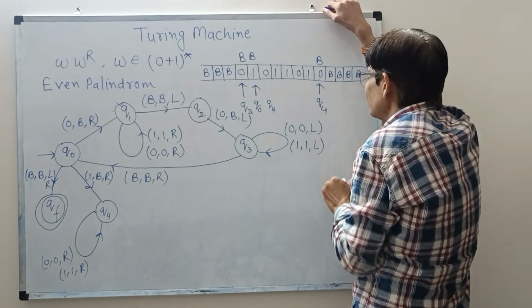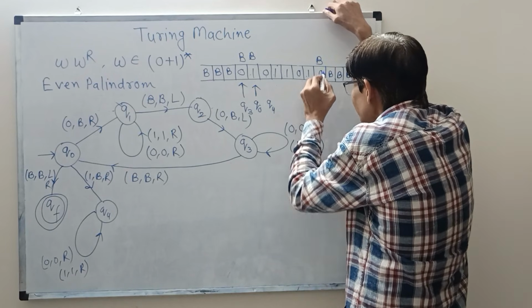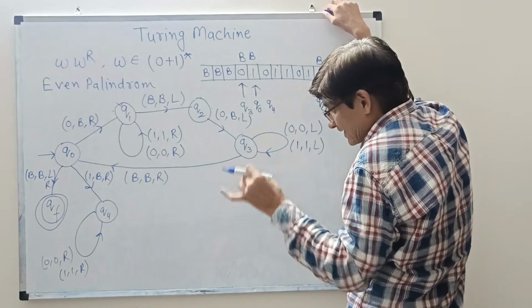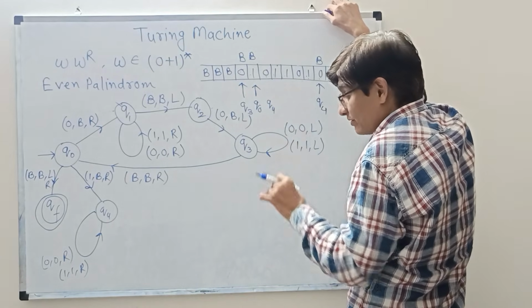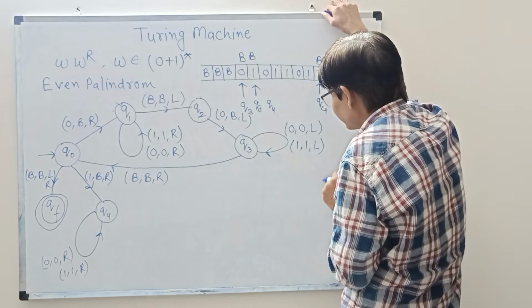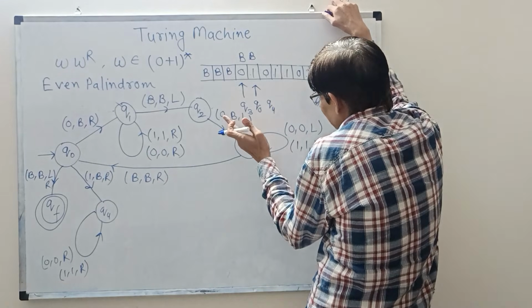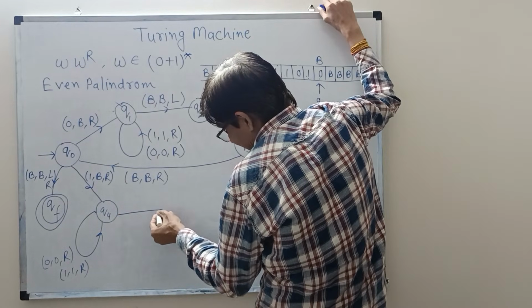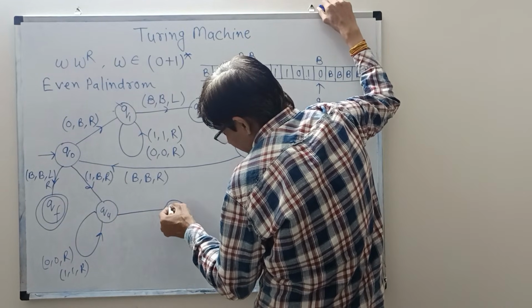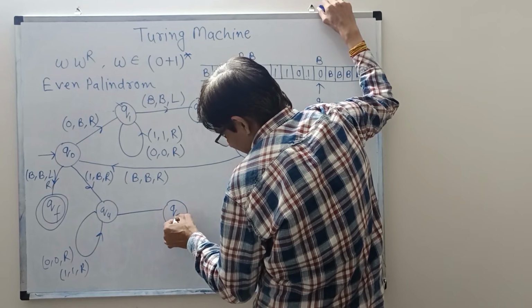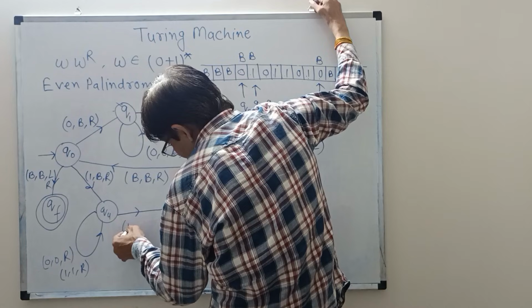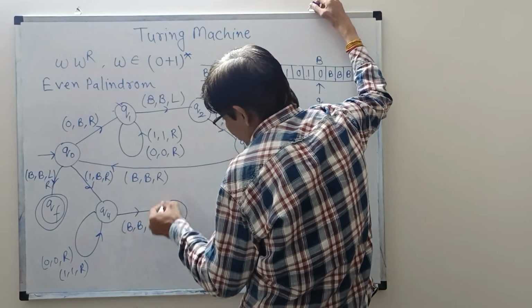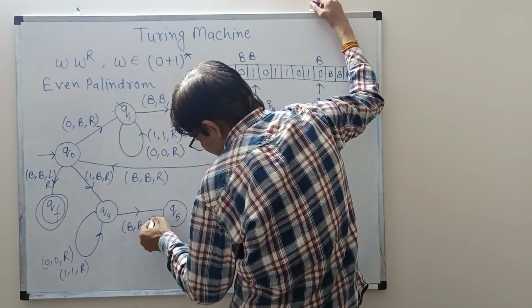So on Q4, when we are getting blank, we will leave this blank as it is, but we will change our state to a new state and we will change our direction of movement. So we will now start moving towards left. On Q4, if you are getting blank, you will change your state to the new state, which is Q5, and you will leave blank as it is, but now you will start moving towards left.